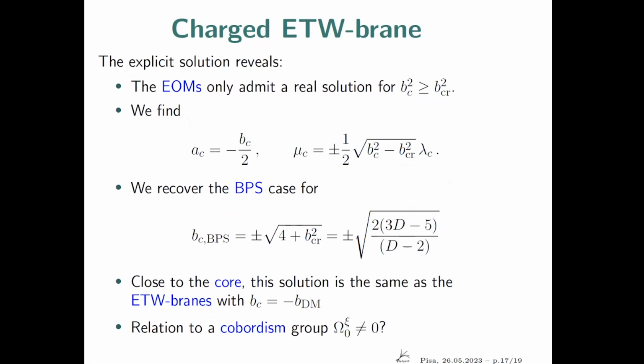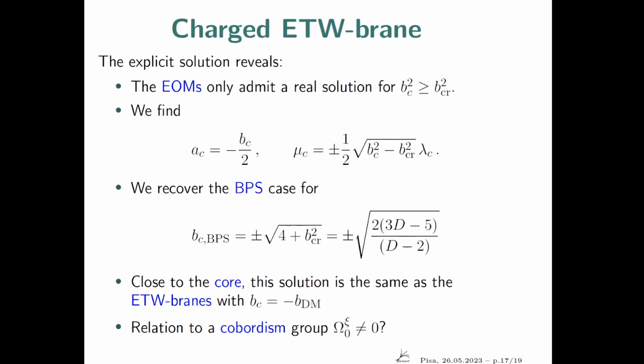Not surprisingly, one solution is always known, that is the BPS case. That's not a surprise. We should find it as well. But there are more solutions. So we find the deformation of these BPS solutions, on the level of the equations of motion. And indeed, this deformation was only possible if B_C is larger than B critical. So precisely what we are expecting, remember, we had this constraint, B can never be smaller, and B_C will eventually be related to the B coefficient in the Dudas-Mourad construction.